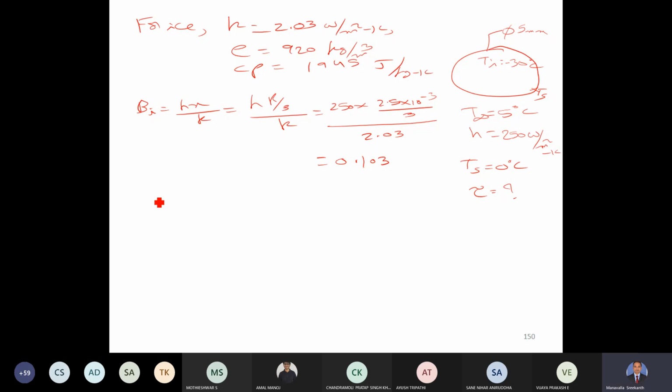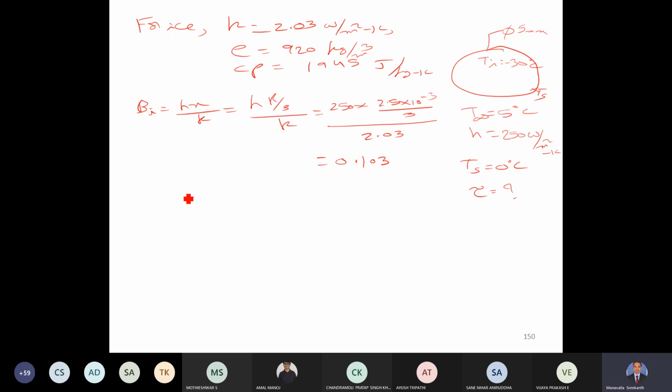On the surface, the ratio R by R naught is equal to 1. Okay, so we'll take that.